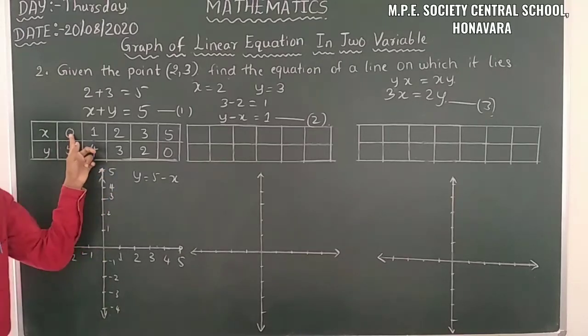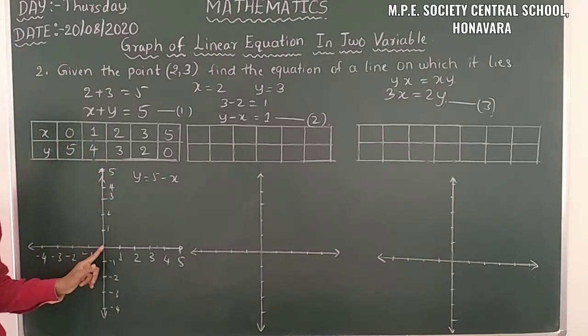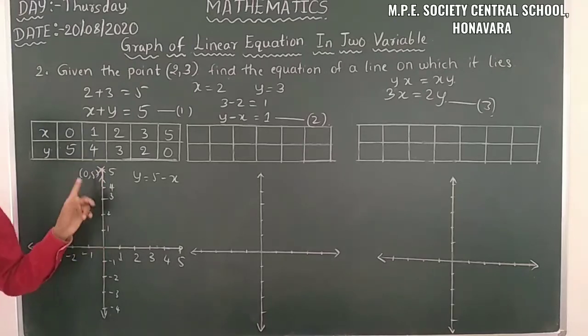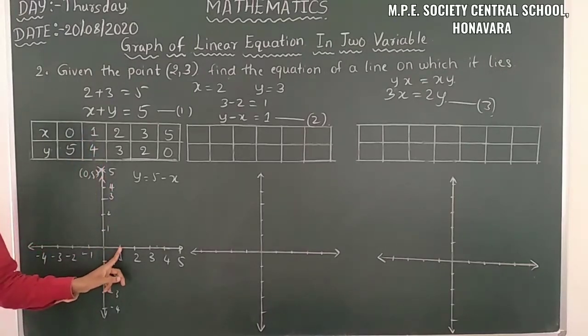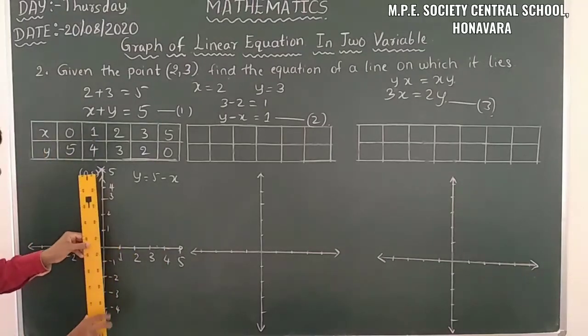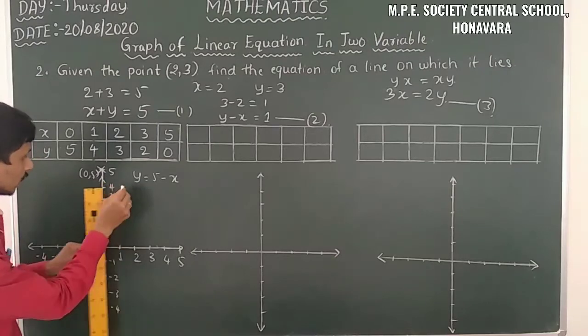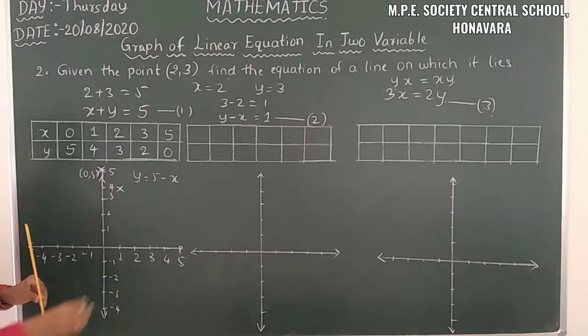Firstly 0, 5: x coordinate of 0 and y coordinate of 5, so it becomes 0, 5. After that we mention the coordinates. Then 1, 4. Here 1 is there, and we want 4 here. Here 4 is there, so you have to locate the point.